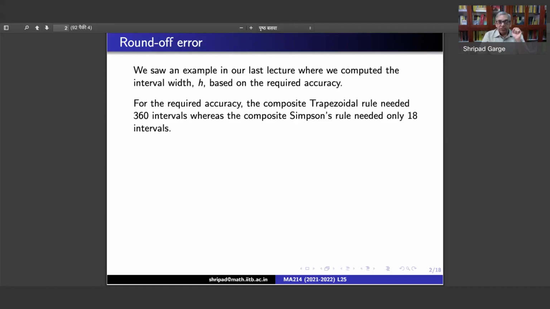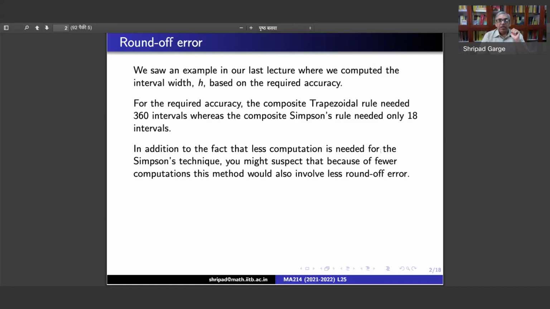So this is about the truncation error. In addition to the fact that less computation is needed for Simpson's technique because you are using only 18 intervals, you might suspect that there will be a smaller round-off error because the number of operations required is smaller. So you may think, rightly so, that the round-off error will also be smaller.